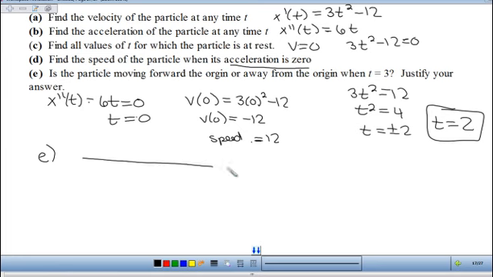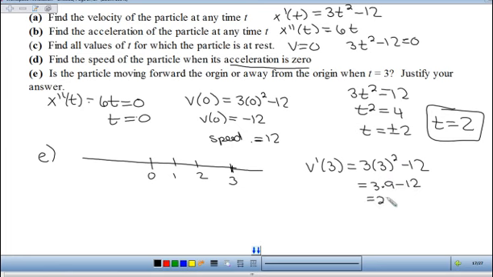Okay, well, at t equals 3, we know that the velocity is going to be positive.